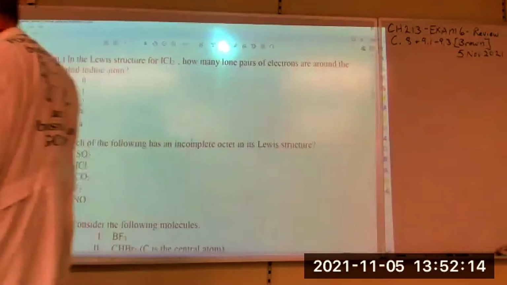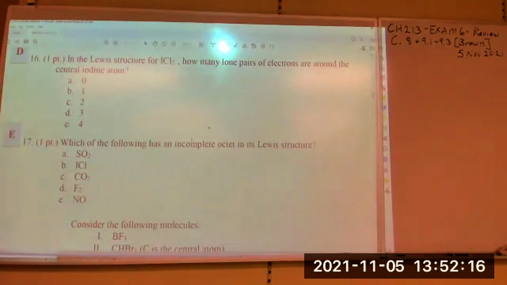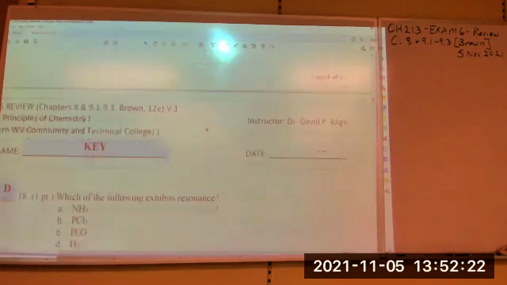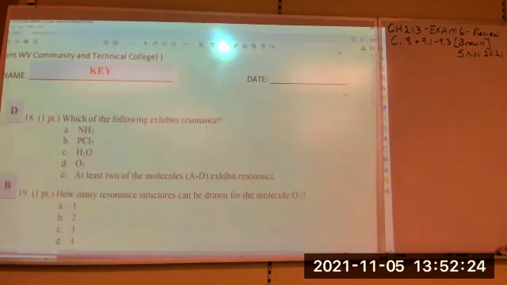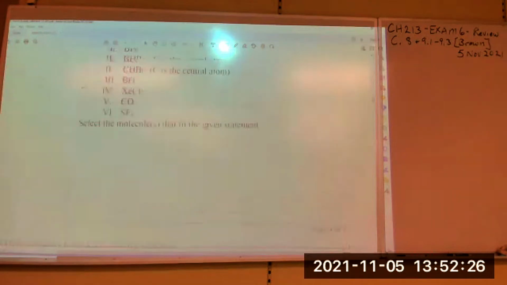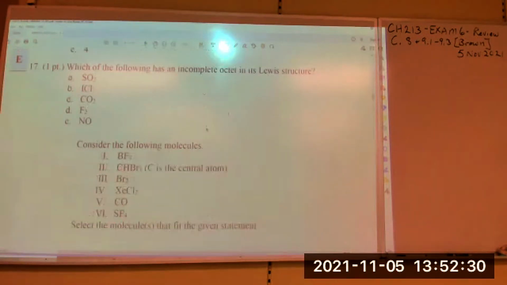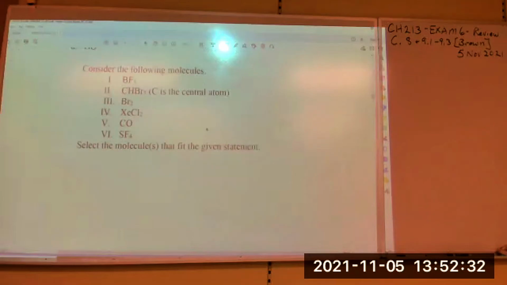Let's see. Consider the following. Must be for number 18. That fifth given statement. So, which of the following exhibits resonance? Molecules of fit.